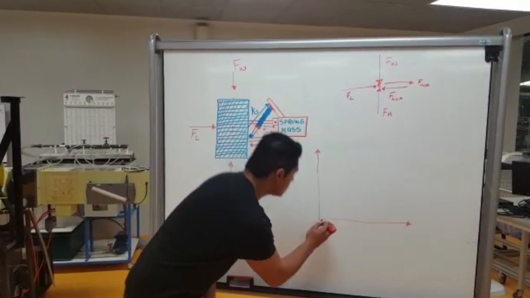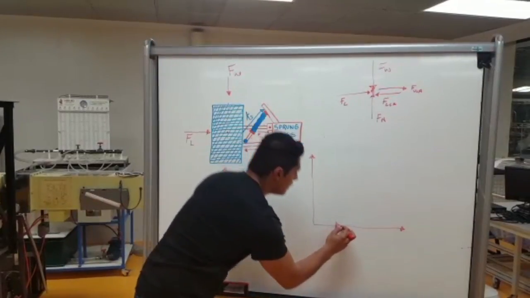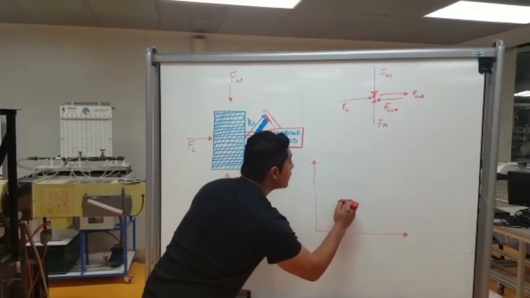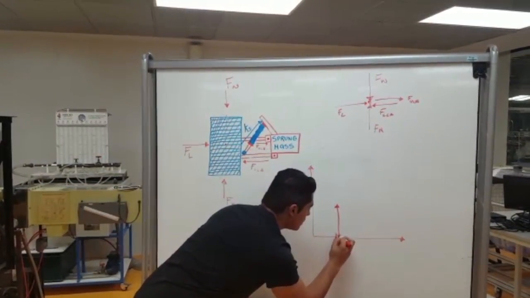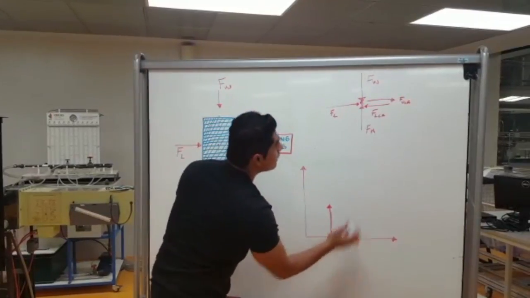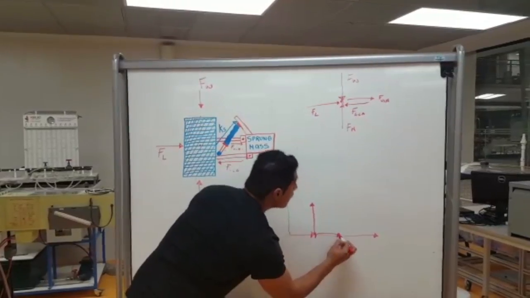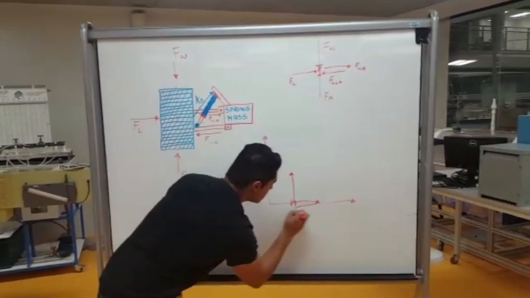We start by putting the FL force, then we add the FN force, then add the weight force, then the FULA force, and the last one, the FLCA force.